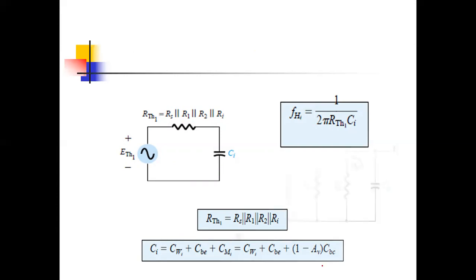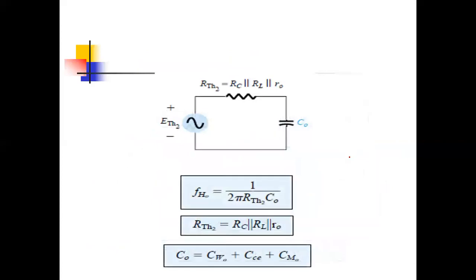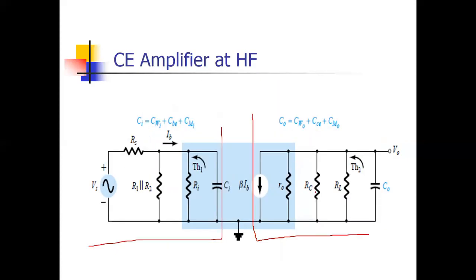Now pause the video for a second and just think: what is the output frequency? Output frequency means F equals 1 upon 2 pi R equivalent at output into CO. At output, all these three resistors are in parallel: RO parallel RC parallel RL.